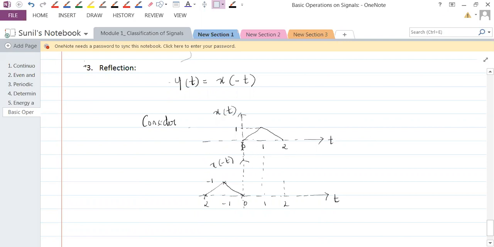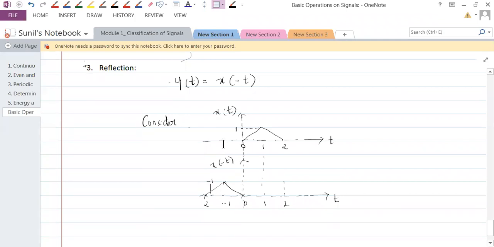If it is on the positive side, you will find it on the negative side, and if it is on the negative side, it would become positive. So the reflection of this is this, and the reflection of this is this. These two are mirror images. Understand that? So x of t and x of minus t are reflections of each other, or they are mirror images.